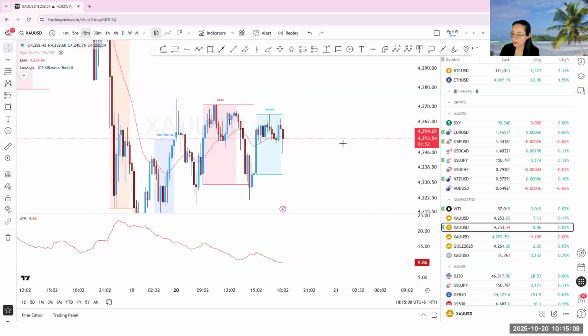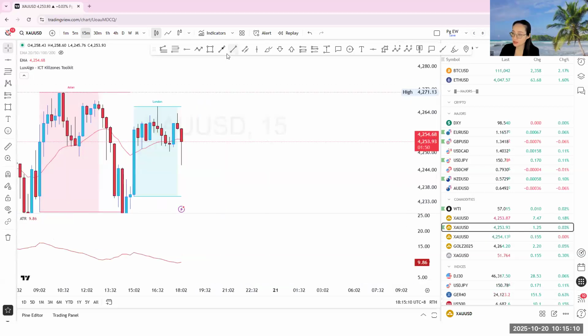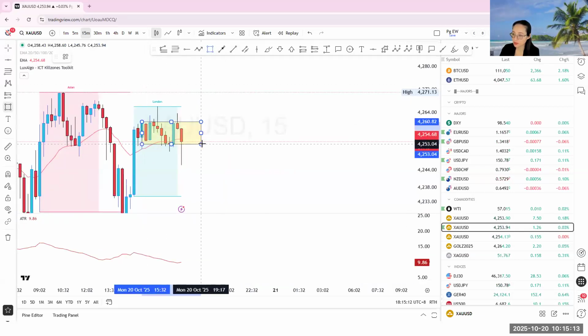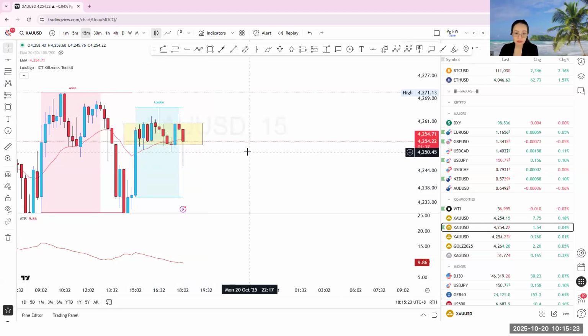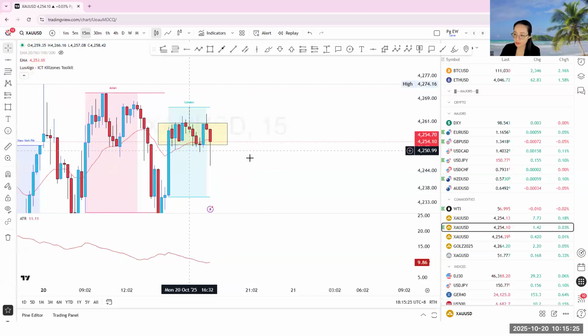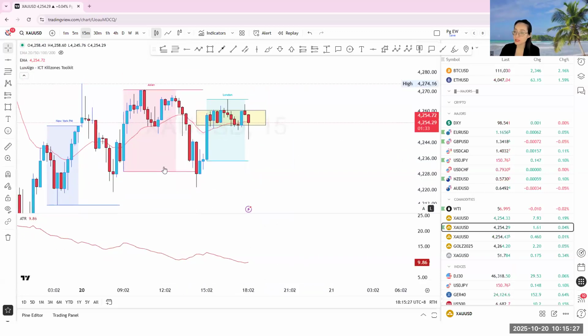And if you look at M15, actually the London session was sideways already. This is just ranging in M15. I'm going to draw from the body. It's all ranging in M15, right? You see that? Only the Asia moved a lot.